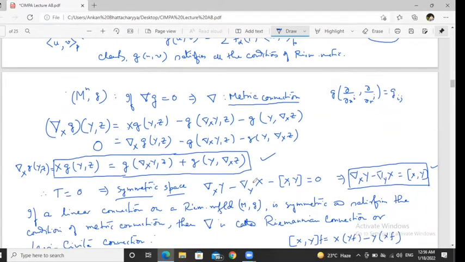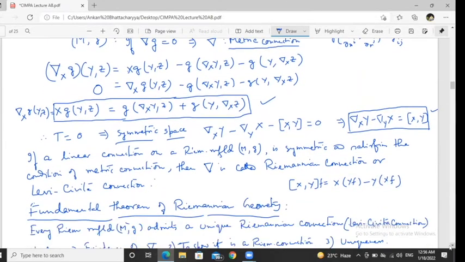Now, a space is called symmetric if torsion equals 0. Torsion equal to 0 means del_Y X minus del_X Y minus the Lie bracket [X,Y] equals 0. That means del_Y X minus del_X Y equals the Lie bracket [X,Y].